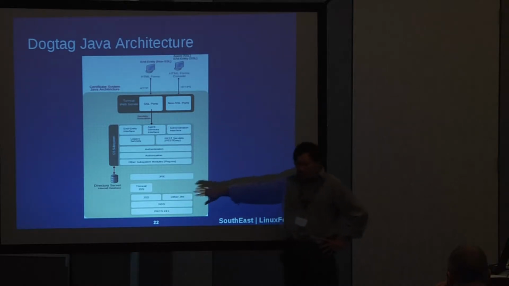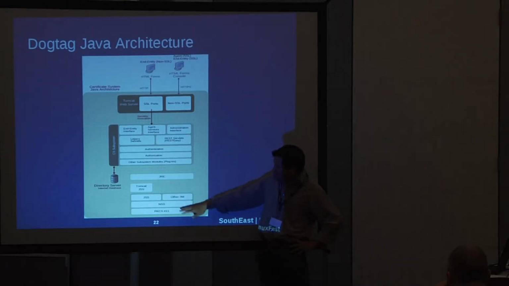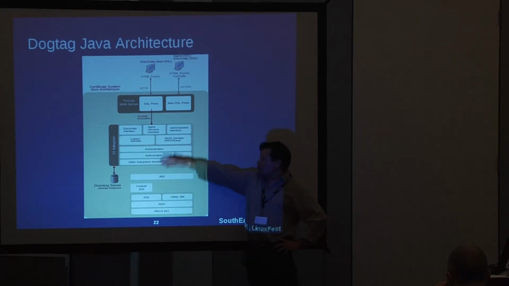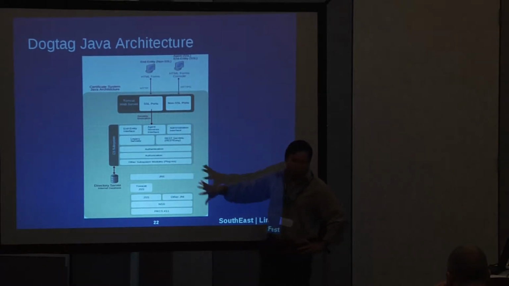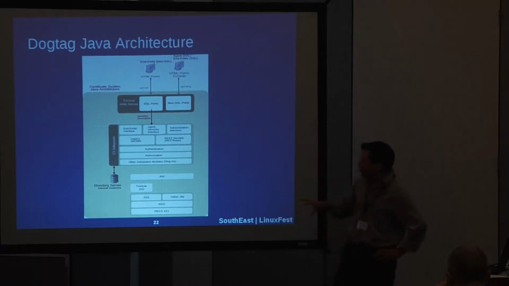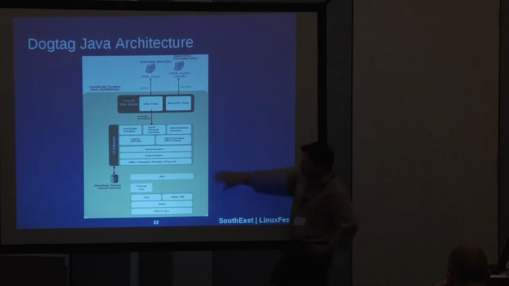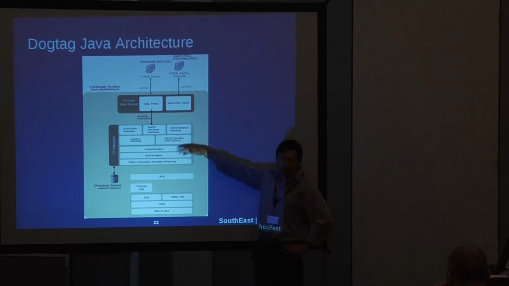That talks through JSS, which is the Java interface into NSS, and that of course talks to Tomcat through Tomcat JSS. And now you have your JRE and your JVM over here, which have all of the Java code in it. And there are various modules, such as authentication and authorization.